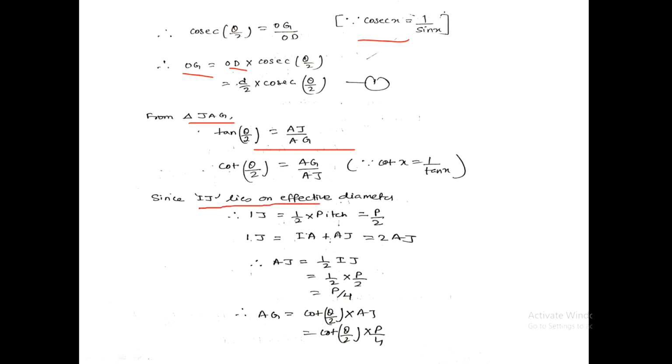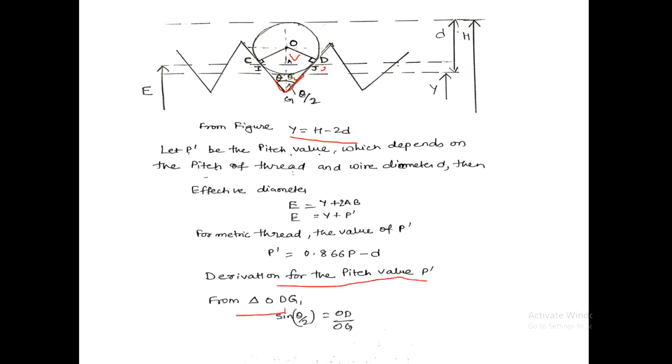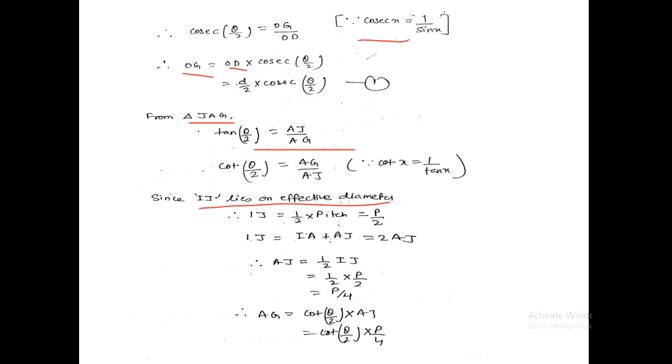I and J lie on the same effective diameter line, as you can see in the previous figure. So IJ will be equal to P by 2. IJ is equal to twice AJ, because IJ is equal to IA plus AJ. Then AJ will be half of IJ. What is IJ? P by 2. So AJ is equal to P by 4.